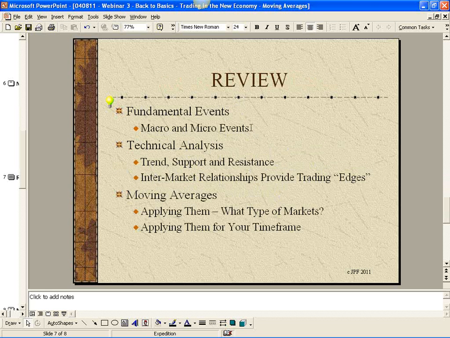So to review, we reviewed those fundamental events, the macro and micro, some affecting the overall market, some affecting specific pairs. I talked about that economic calendar. It's kind of in the back of our minds. The economic calendar, unemployment data, things like that, CPI, PPI, inflation data, it's taking a back seat. Does the Federal Reserve care about CPI or PPI, the consumer price index or producer price index, which are inflationary items?